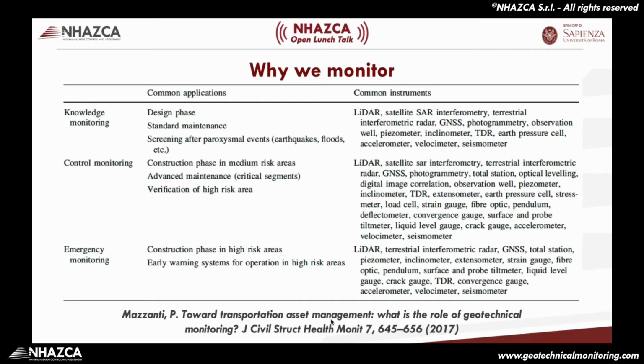The common applications are on the design phase or standard maintenance and screening for knowledge monitoring, construction phase in medium risk areas, advanced maintenance, verification of high risk areas is control monitoring, and emergency when you need early warning, alerting. So these three main categories, that in some cases have not so rigid boundary one with the other, may help in understand and raise your questions, and also to make the right design of a monitoring plan.